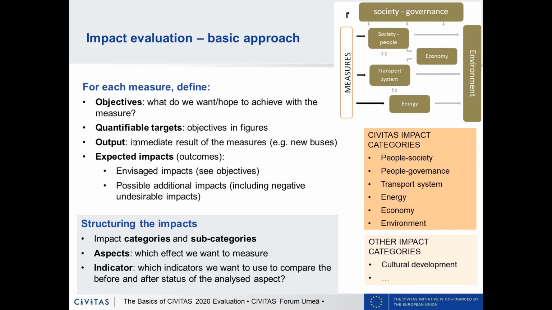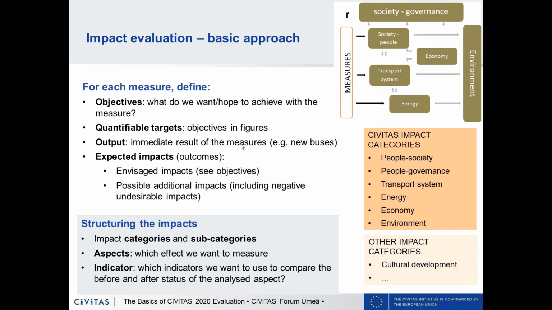Let's be clear. With output, we mean the immediate result of a measure. For instance, when a city is going to buy new buses, and they want to buy 10 new buses, that's not the impact of that measure. That's the output, the direct result of that measure.